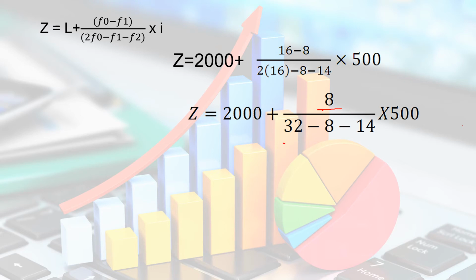Then 2 into 16 is 32, minus 8 minus 14, into 500.